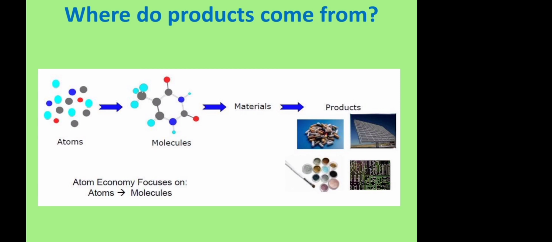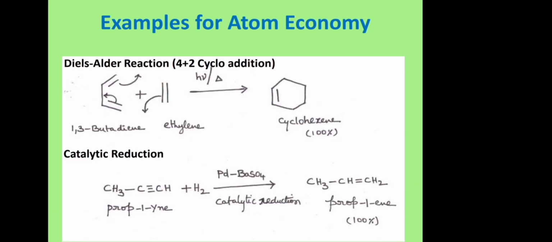Where do products come from? The products come from atoms, and the reaction of atoms gives us molecules, and those molecules combine to form a material, and that material gives us products. Here we see atoms give molecules. Later, examples of atom economy: the Diels-Alder reaction, a 4 plus 2 cycloaddition, where we add 1,3-butadiene with ethylene.